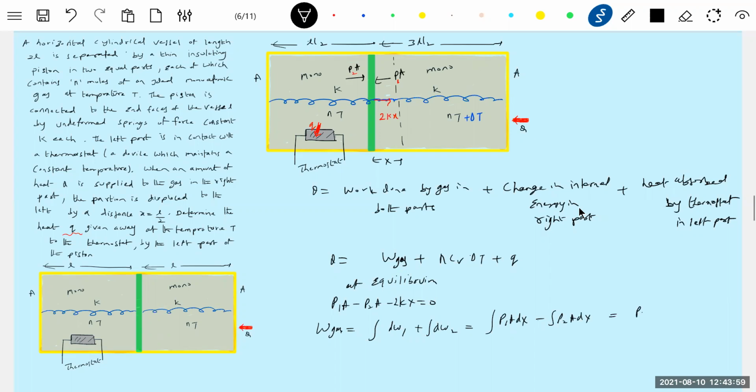So this will become (P1 minus P2)A into dx, the sum of that. So P1 minus P2 times A, everything will become 2kx dx. How I am bringing this equation is very, very important. So this will become kx squared. What is x? X value we know, X equals L by 2.